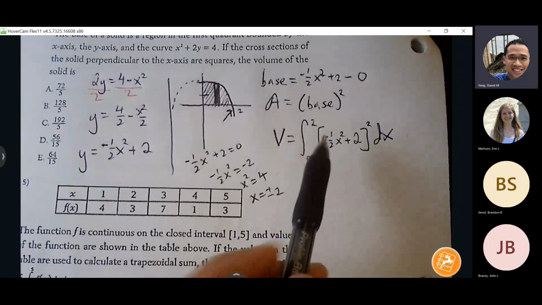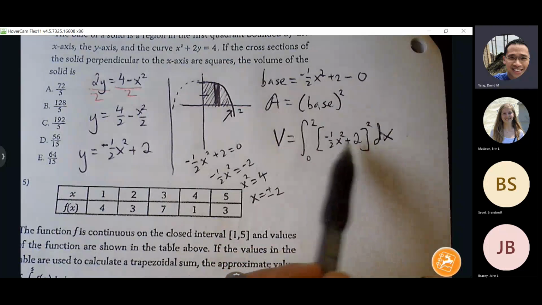But if we didn't have our calculator, you would expand it. You still do this, but it's just a little longer. You've got to expand all this out and then plug in the upper and lower bound.